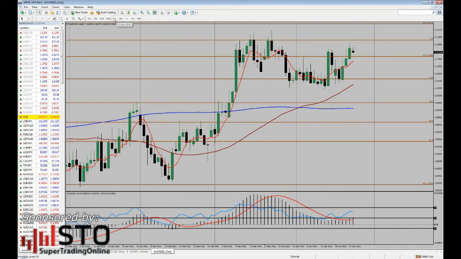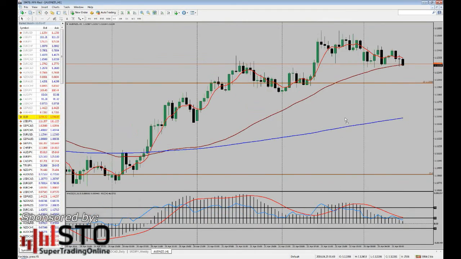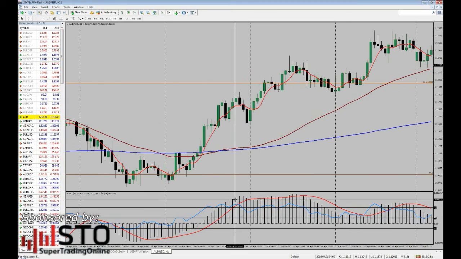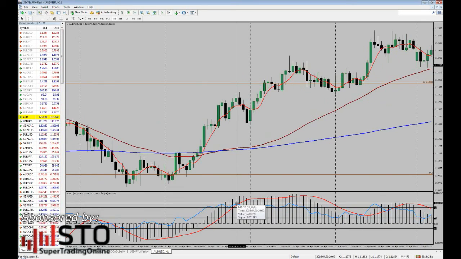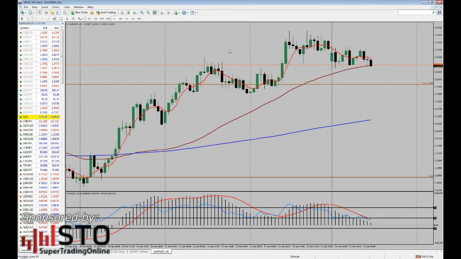And we can move on to the hourly time frame to see the exact market development on this pair. What is it that we could consider for the pair? The divergence that I was talking about still occurs over here. While the market is making a higher high, we have a lower high on RSI.